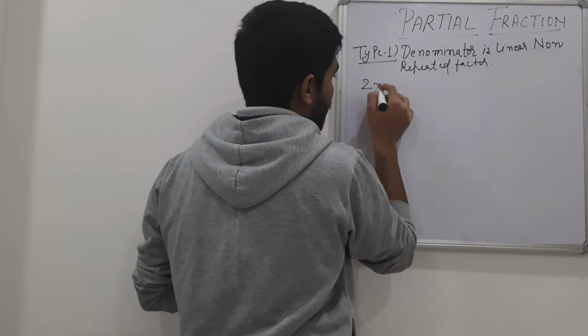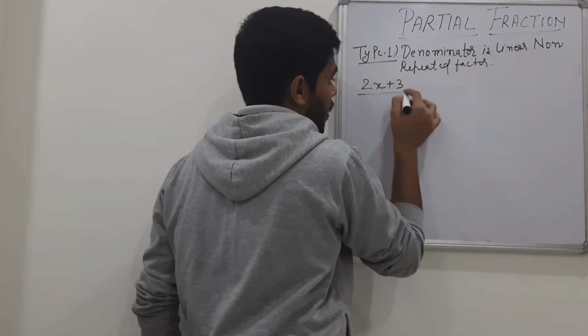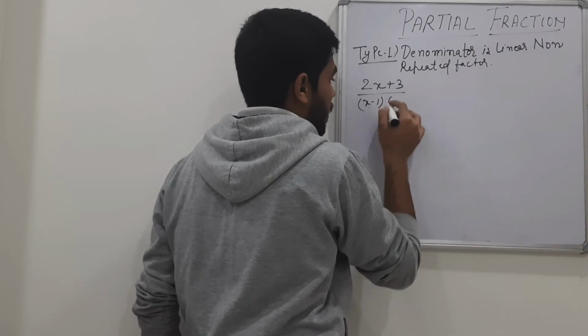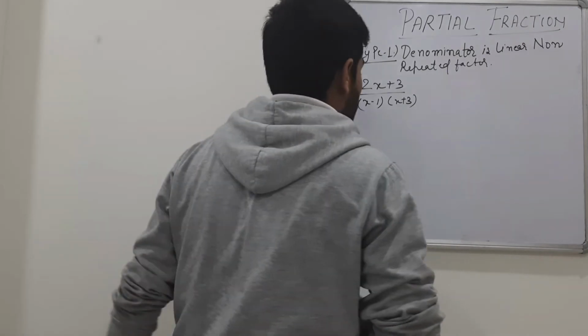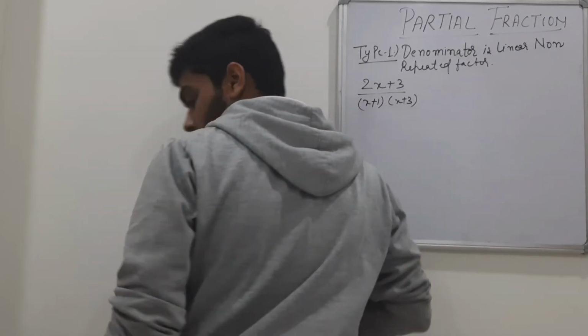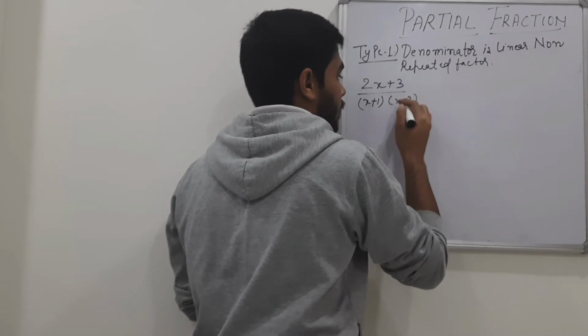So this is 2x plus 3 upon x plus 1 times x minus 3. This is x plus 1 and this is x minus 3. So this is the question.